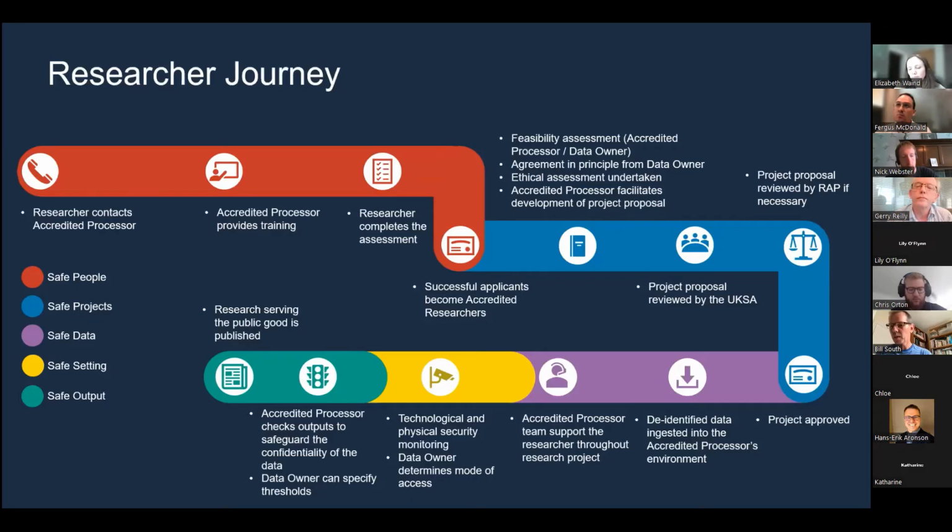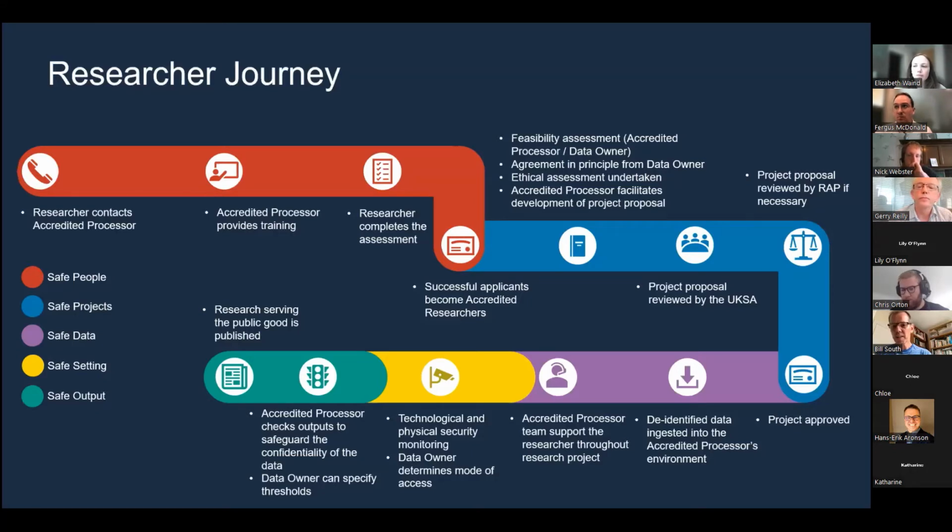There's lots of criteria in terms of the security, and essentially what it means is they have a space within their organization where accredited researchers can access the SRS via their organization. So they're the access options. It's the data owner who decides what's available. So if a data owner says, I only want it to be accessed from a safe room, that's absolutely fine.